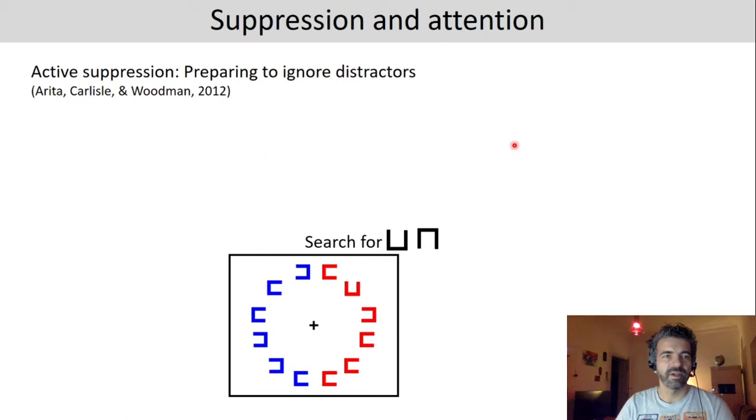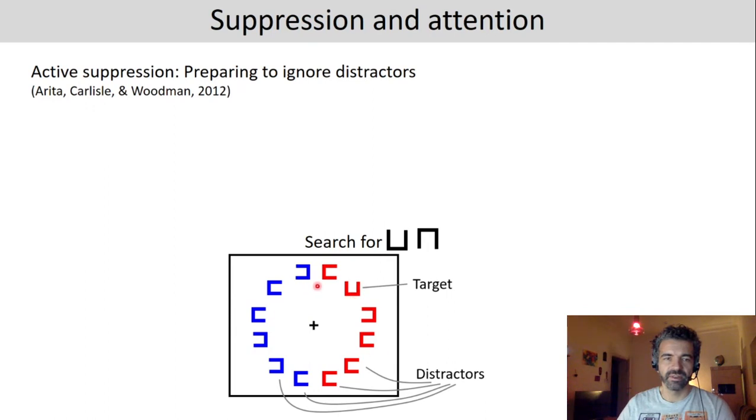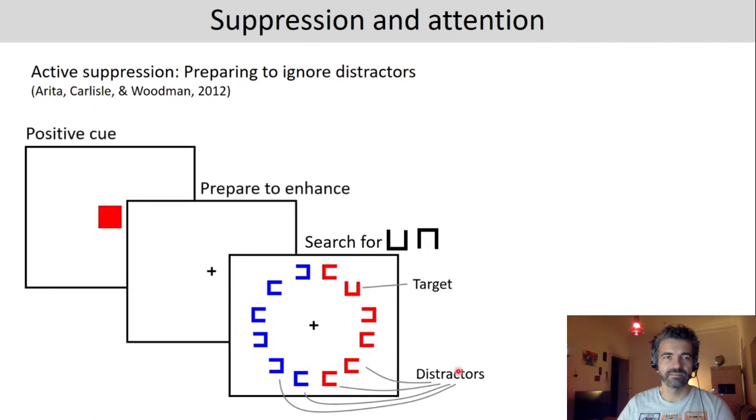This is a study by Arita and colleagues. In this visual search task, participants had to search for this kind of shape, so either a U or an inverse U, and they could ignore all the U's that were oriented to the left or right. So in this example, this would be the target, and all the other things here would be distractors.